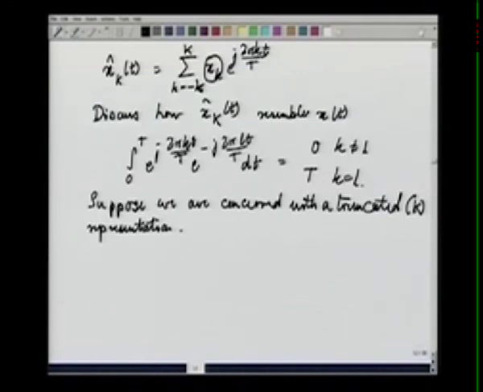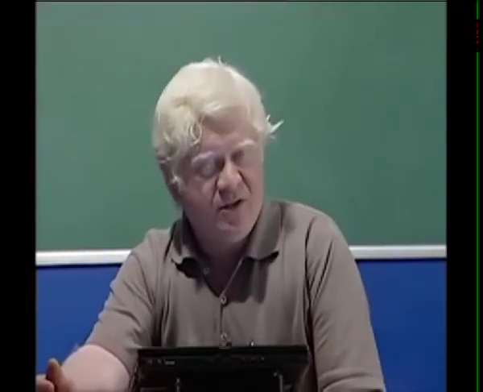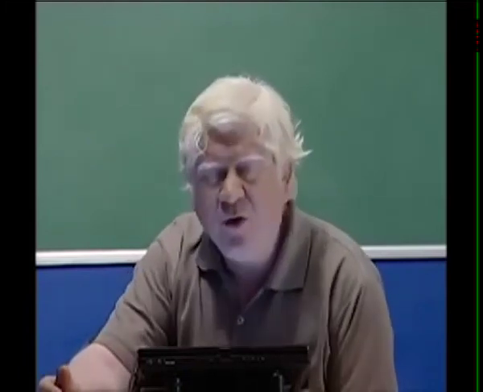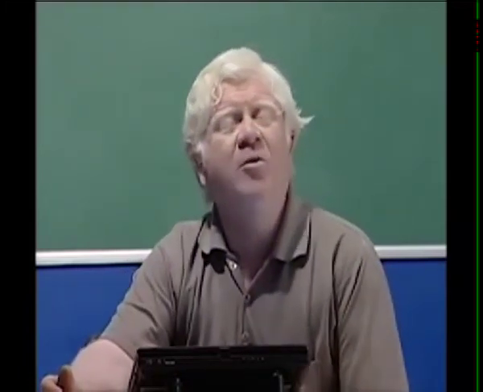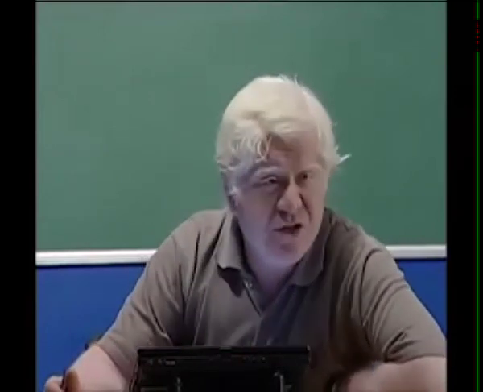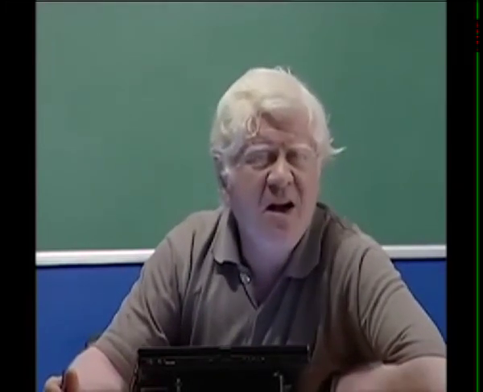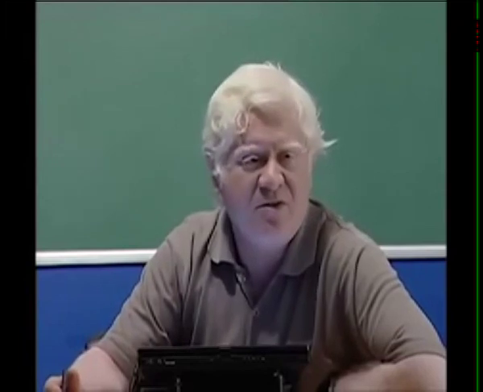Then one does need to ask the question, since now we have a truncated representation as shown over here, are the x k's that act as weights for combining the exponentials the same values as you would use for the complete representation? In short, the choice of the coefficients, the weights of the combination, will they change if you have a truncated representation instead of a complete representation?